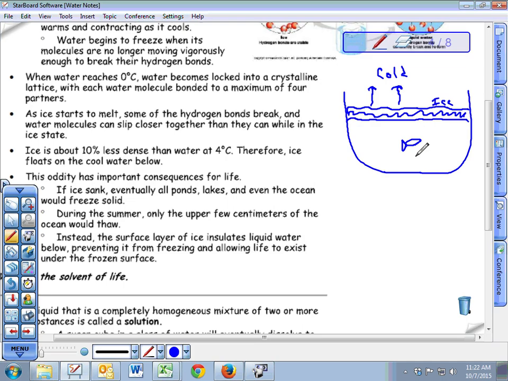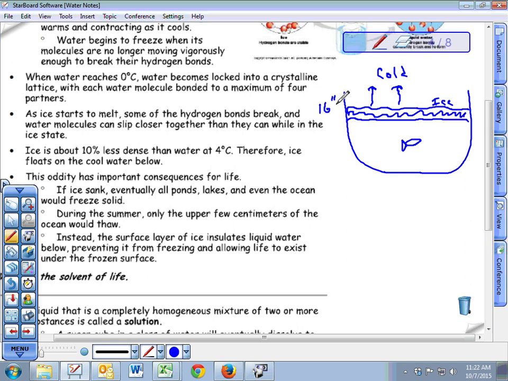Bodies of water that are deeper around here, 16 inches is the magic number. If a body of water is deeper than 16 inches, it will pretty much never freeze below that in this climate. Which means that's how fish and everything else survive the winter. They're still swimming around down there under the ice, and it's not freezing.